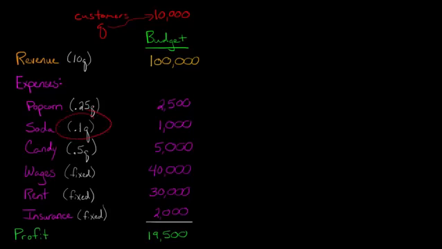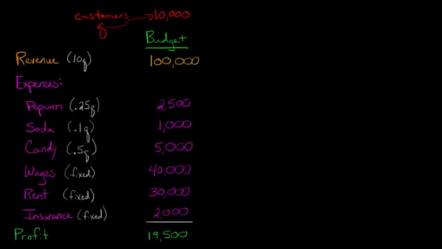Likewise with soda, we take 0.1 times Q, which is 10,000 times 0.1, and that gives us 1,000 for soda. And then we have 0.5Q, so 0.5 times 10,000 gives us 5,000 for candy.